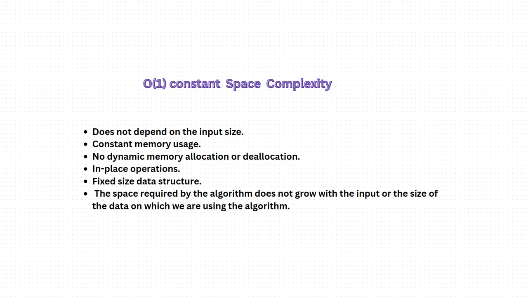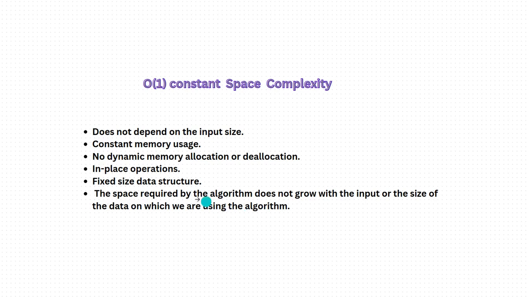And the next criterion you want to notice is constant memory usage. So the variables that are used for this algorithm are constant. They remain the same throughout the algorithm's processes.